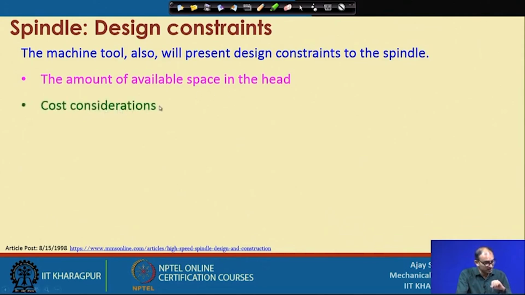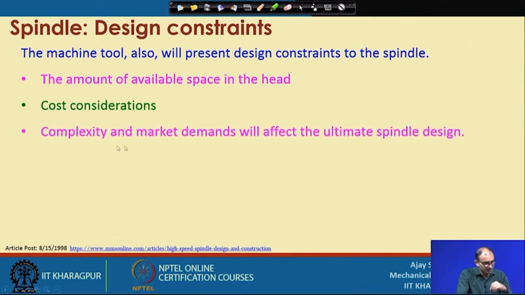Cost consideration is another thing, because many times people replace the spindle or add an auxiliary spindle beside the original spindle of the machine tool. So, cost consideration is there, whether you want to replace the spindle or add an additional spindle. Complexity and market demand will affect the ultimate spindle design.